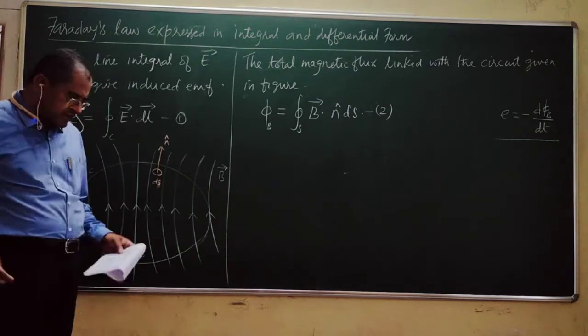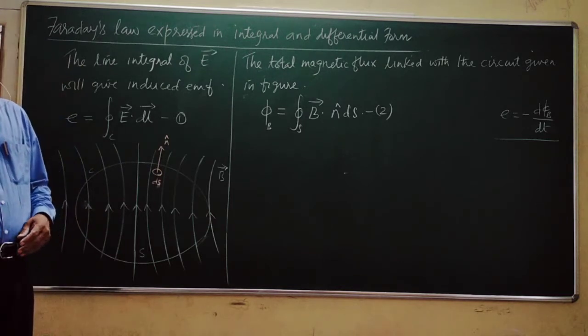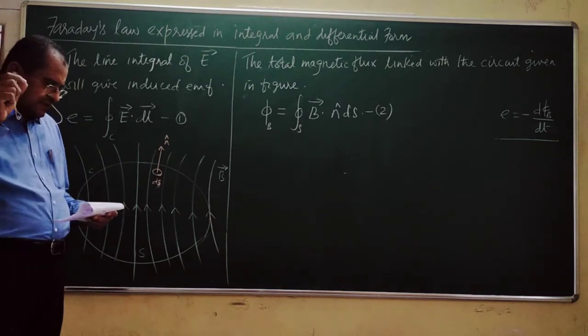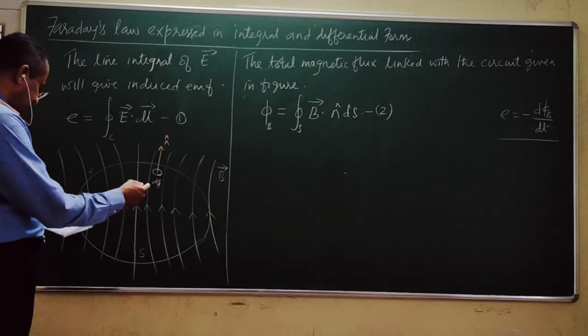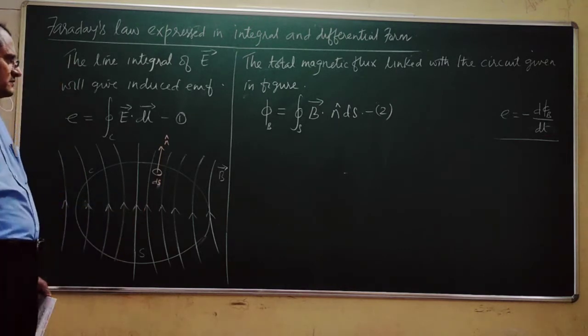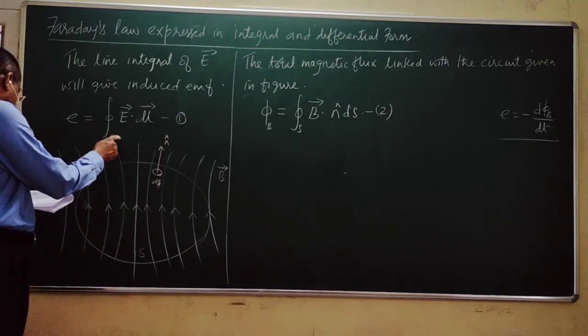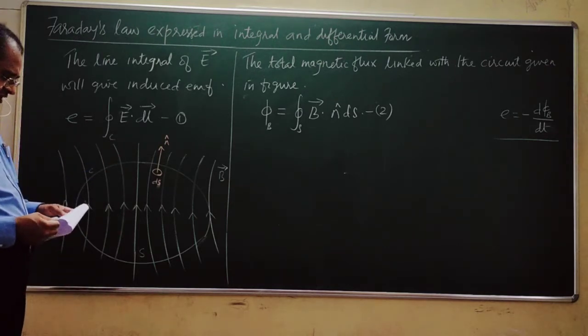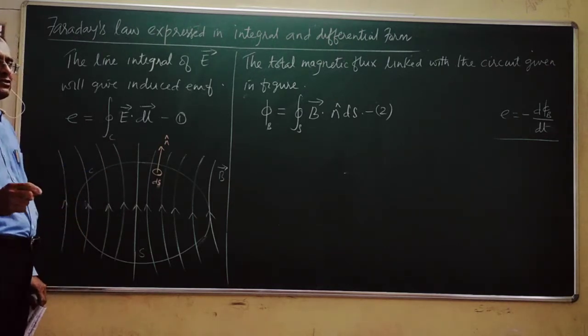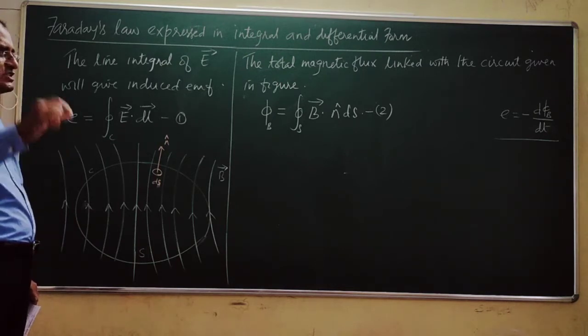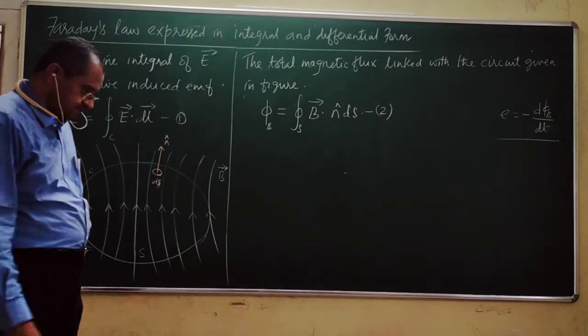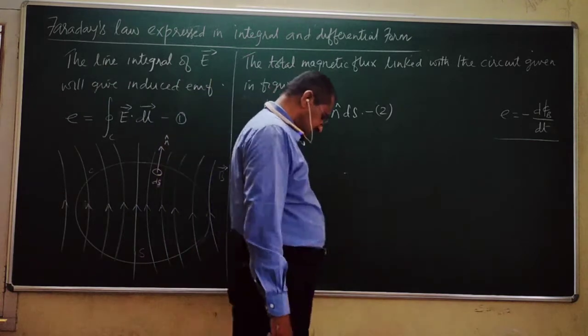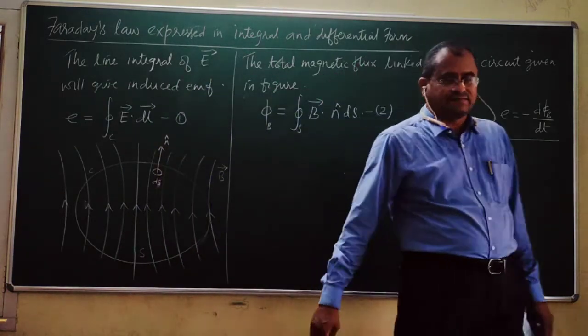So here I am trying to tell you, according to Faraday's law, the EMF induced in an electric circuit or the line integral of electric field around the circuit is equal to time rate of change of magnetic flux. Is that clear to you?